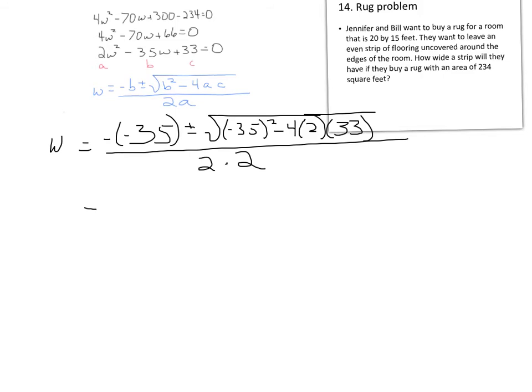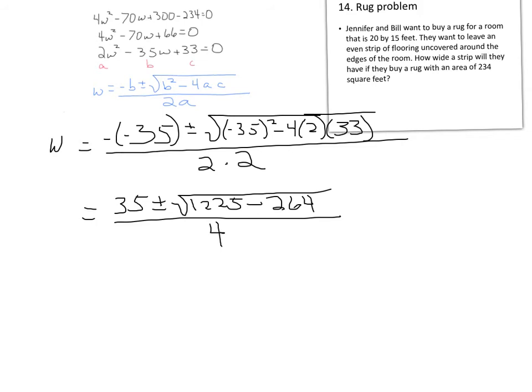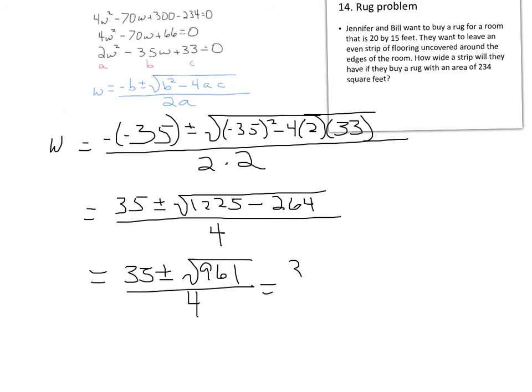So this is going to equal 35 plus or minus the square root of 1225 minus 4 times 66, which is 264, over 4, equals 35 plus or minus the square root of 961, all of that over 4, which is 35 plus or minus 31 over 4.